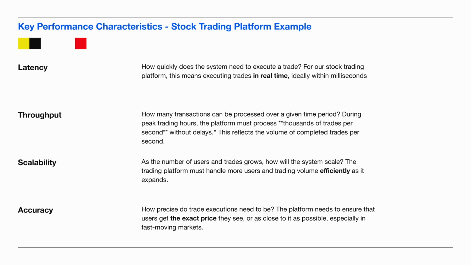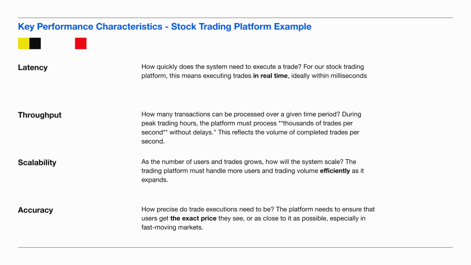Okay, so let's have a look at our stock trading platform and use this as an example to help us focus on the 4 key performance characteristics. For latency, how quickly does the system need to execute a trade? For our stock trading platform, this means executing trades in real time, ideally within milliseconds.